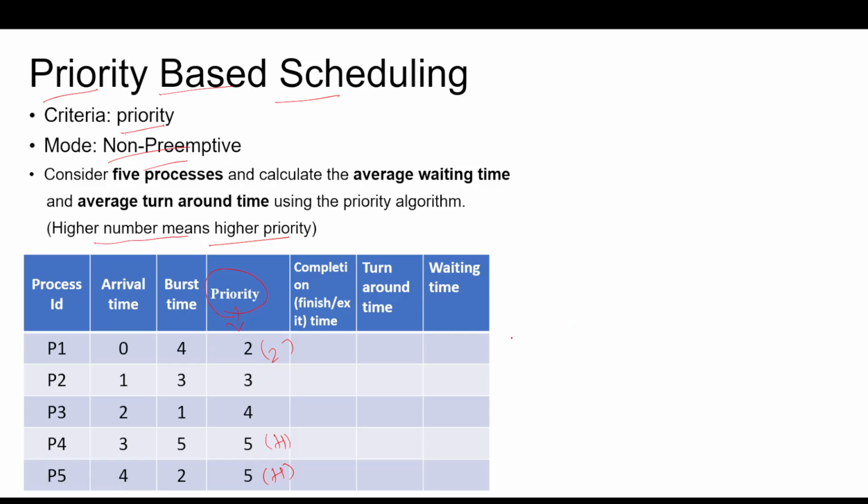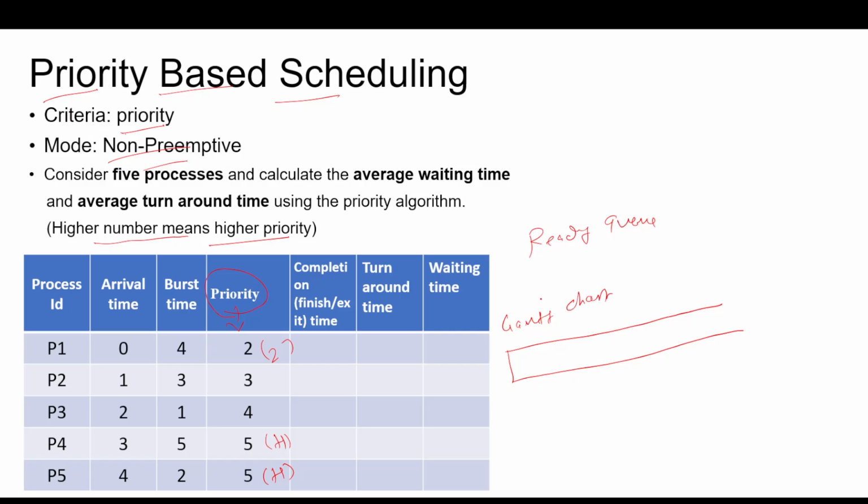Now here also we need to use the Gantt chart, and we have to check how many processes have arrived at the ready queue. Then accordingly we can calculate the completion timing, turnaround timing, and waiting timing. So this is the Gantt chart.